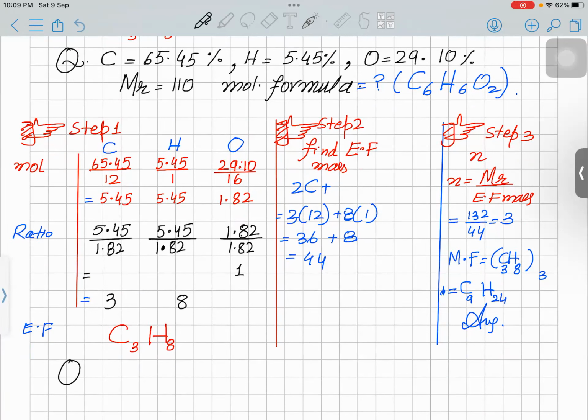Sir, 3, 3 and 1. So the empirical formula is C3H3O. Now find the empirical formula mass.